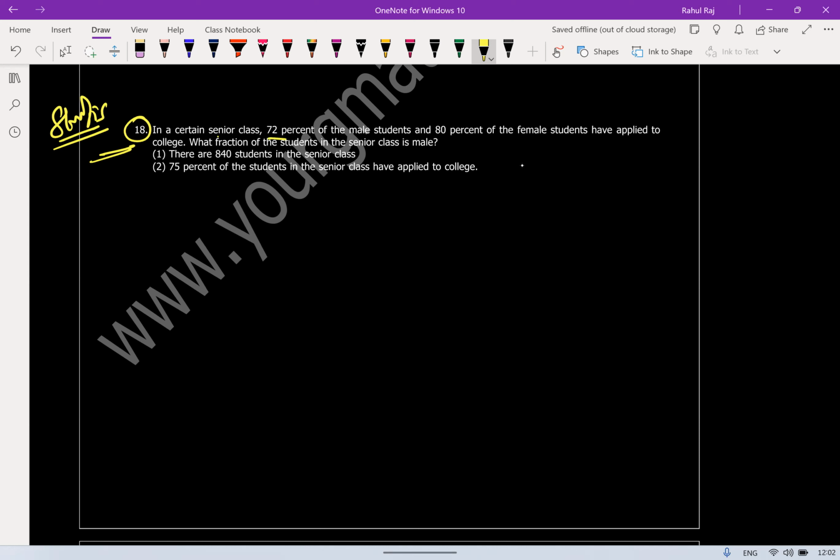It says in a certain class, 72% of the male students, so 72% of M, plus 80% of female students, that is 80% of F. What fraction of the students in senior class is male? It says 75% of the students in senior class applied to the college.